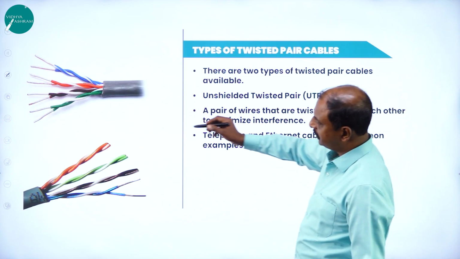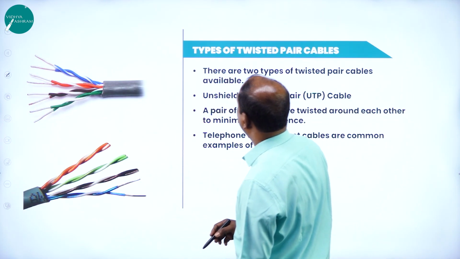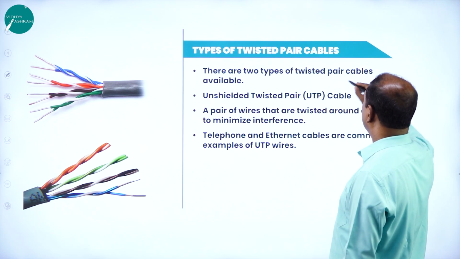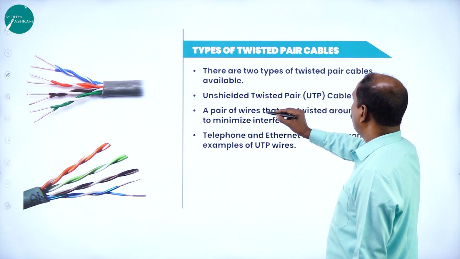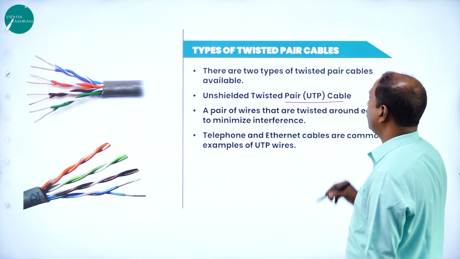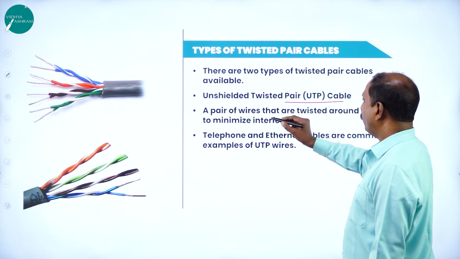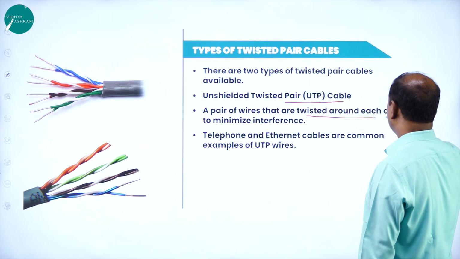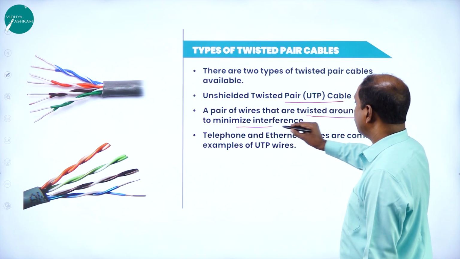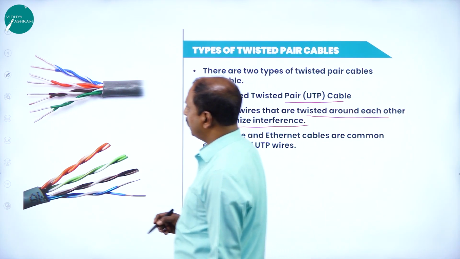And here, look at the same diagram, twisted pair cable. There are 2 types of twisted cable here. One is UTP, unshielded twisted cable, where a pair of wires are twisted around each other to minimize interference.